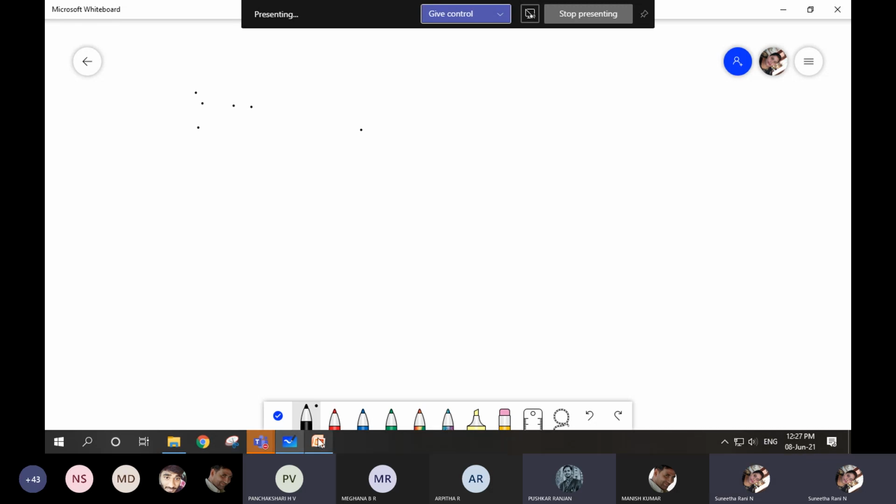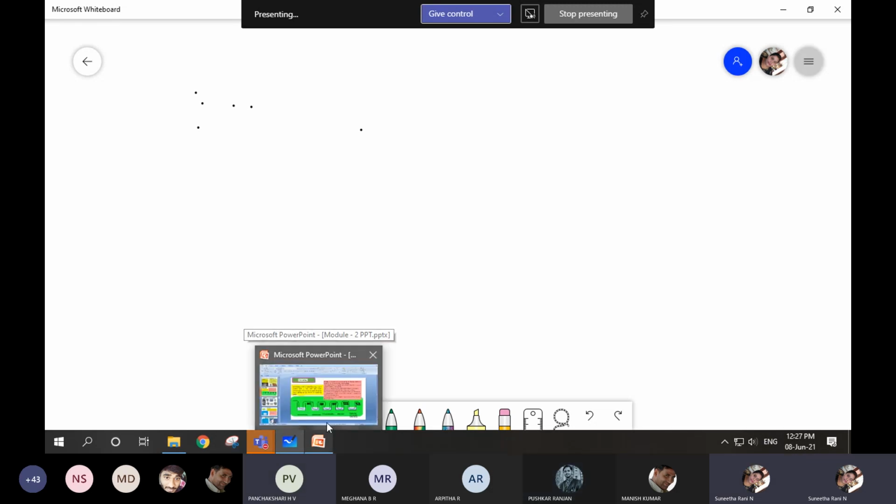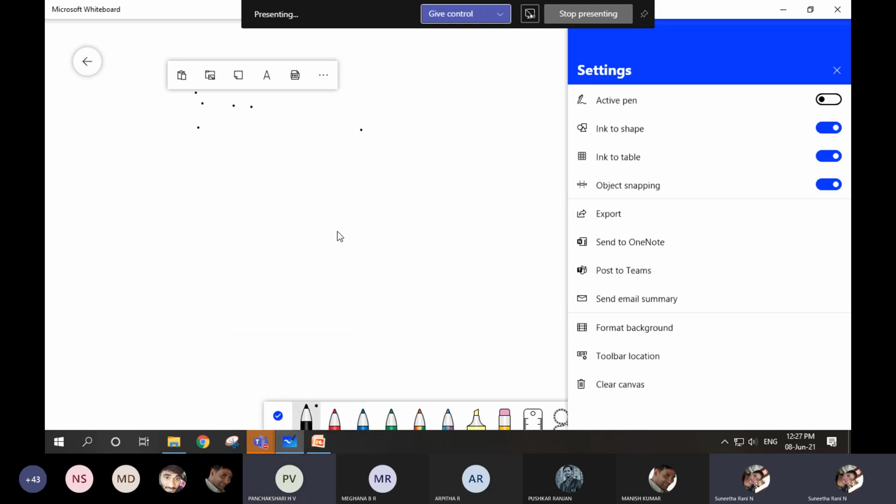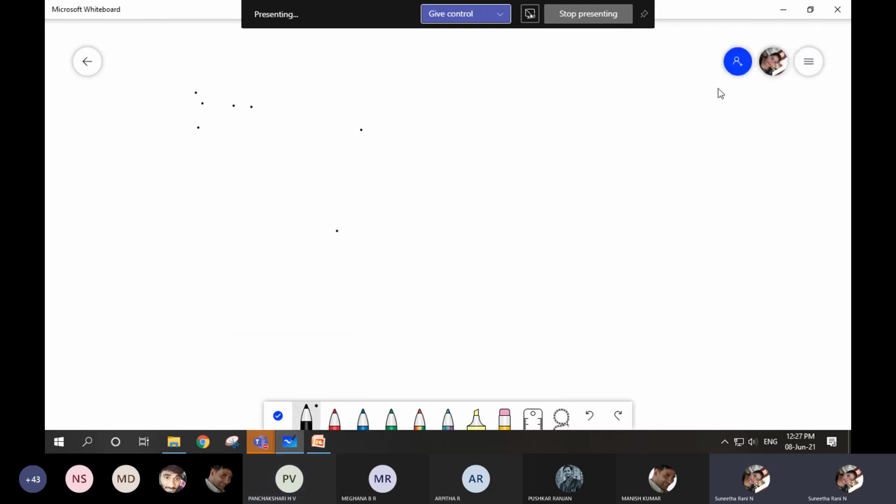We'll see this trial and error next time. Now you write. We'll start using this writing pad, if everyone is comfortable. If everyone can see, I'll start using this one. But I am writing something, but it is not visible. Ma'am, in the settings there was an option for active pens.